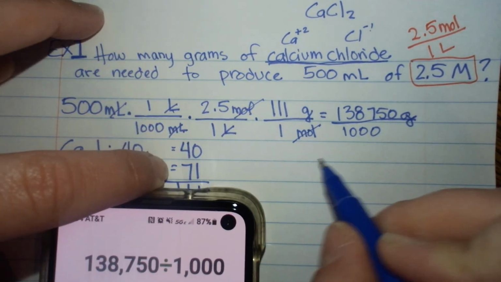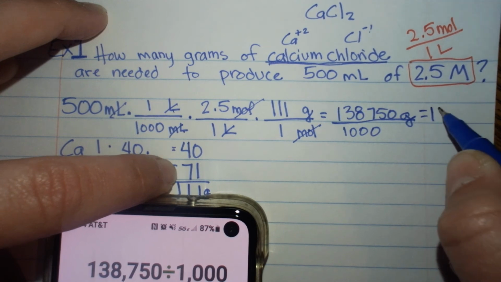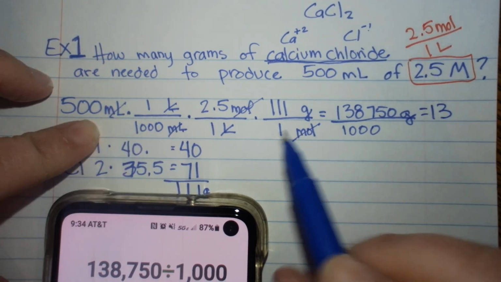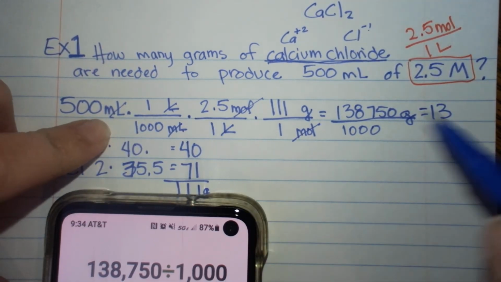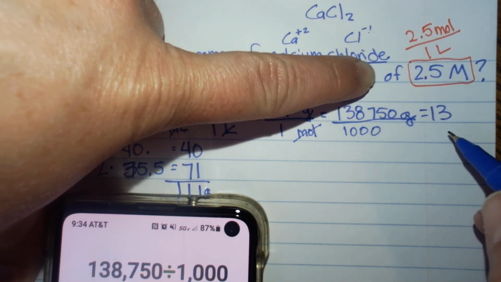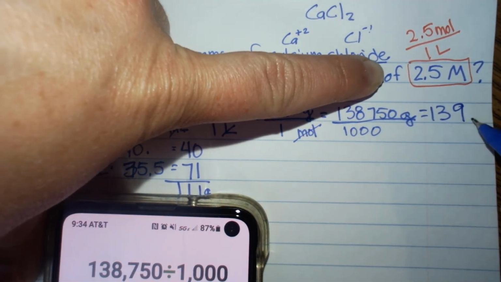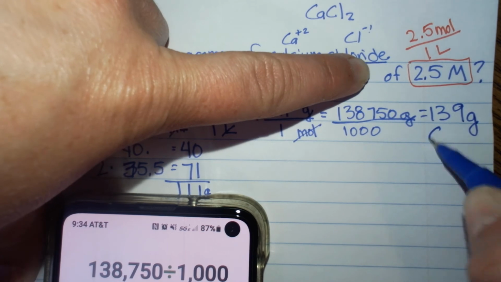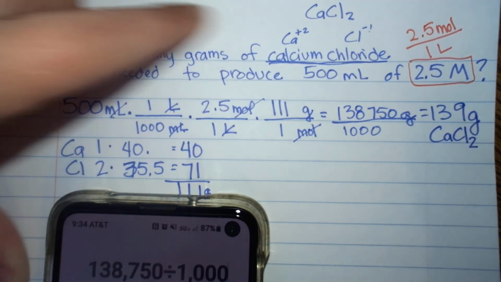Let's write it here. And so we had just 1, just 2. So we could just say 139 grams calcium chloride needed.